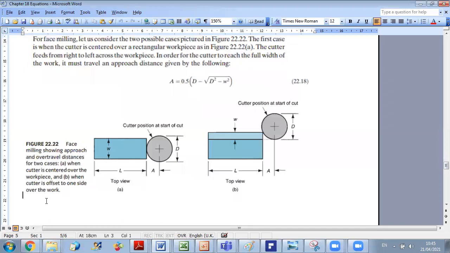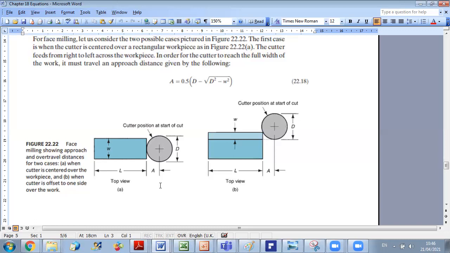You can just put the cutter centered on the face, or you can take it at one side of the work part. In this case, the approach distance will be different.